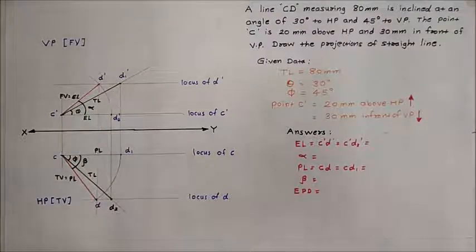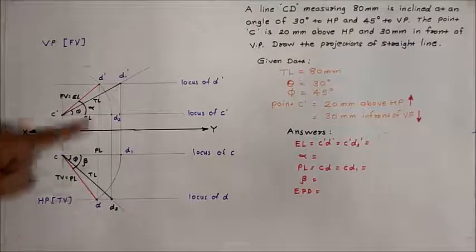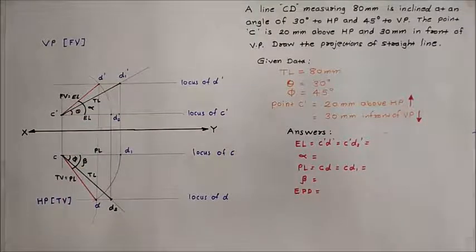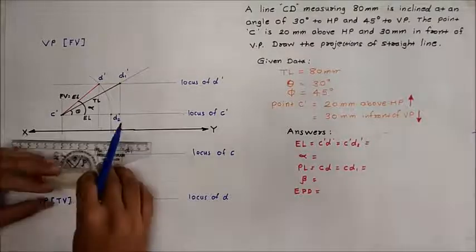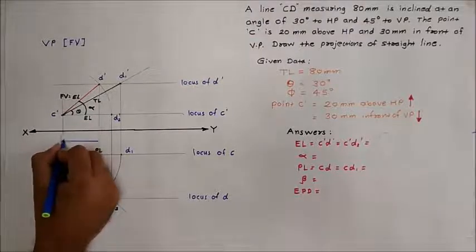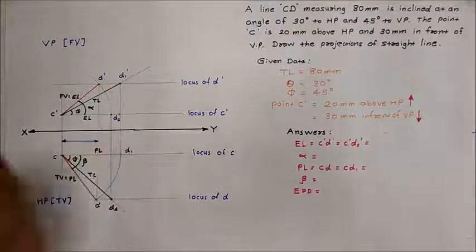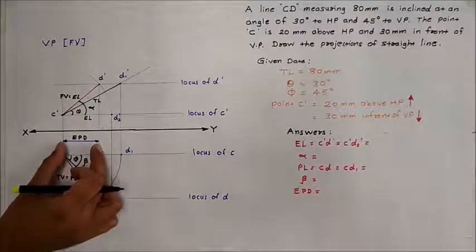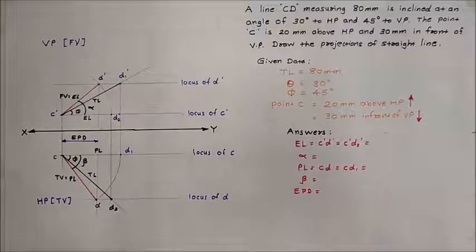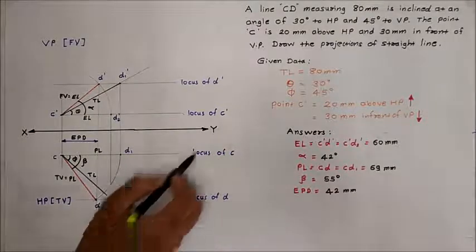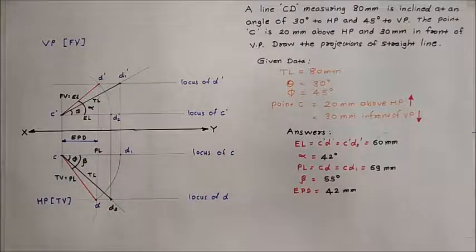It means D dash and D points should lie on one line. The distance between these two end projectors is called EPD. If you measure the distance between these two end projectors, you will get the end projector distance. These are the answers which we have to find out from this projection of a straight line. This completes our problem.